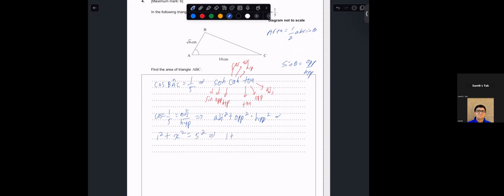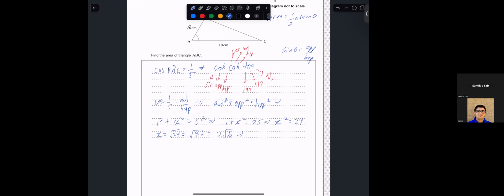So 1 plus x squared equals 25, and then x squared is equal to 24. So x is equal to the square root of 24, which, using some knowledge, is 4 into 6, so that's 2 square root of 6. Now we have our opposite side.